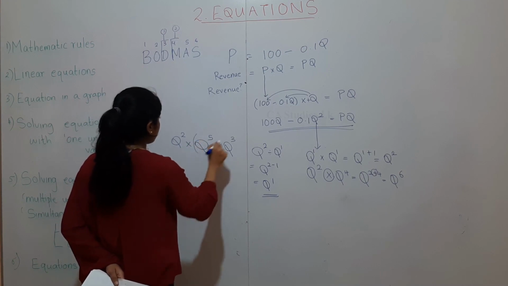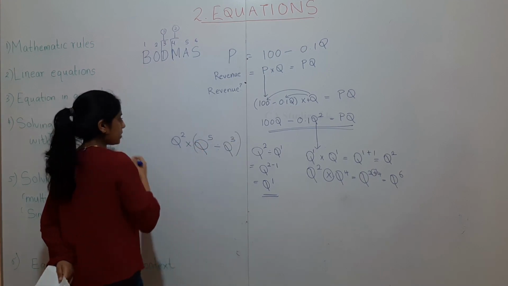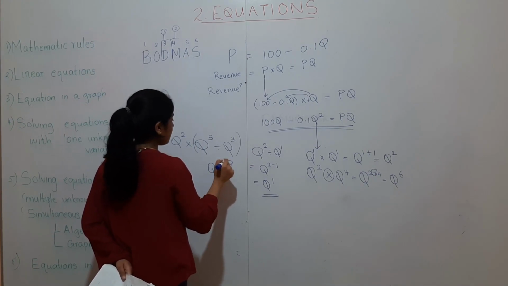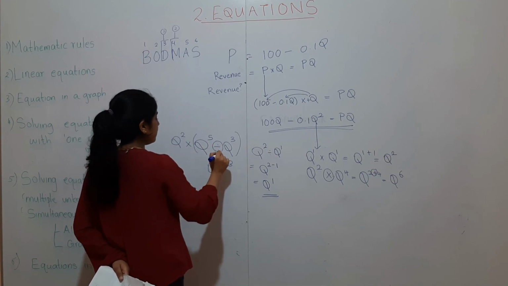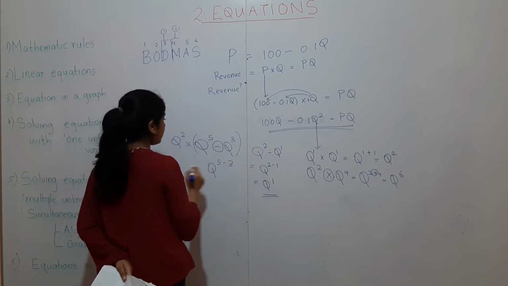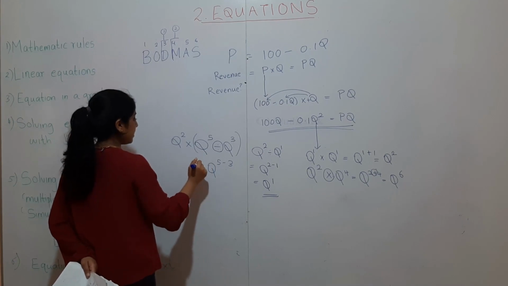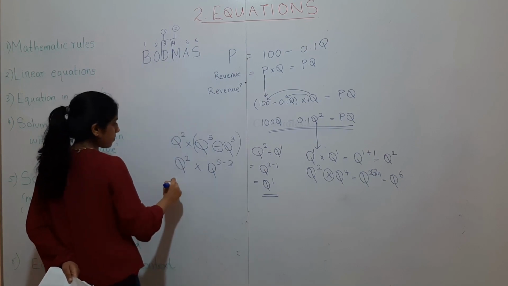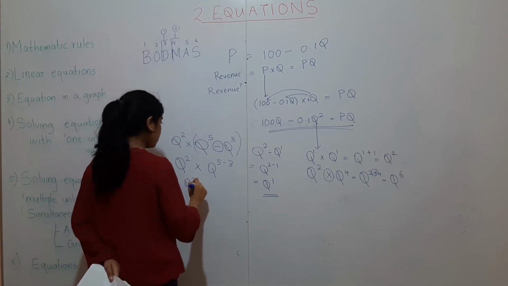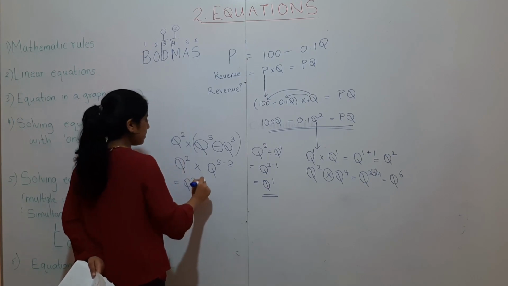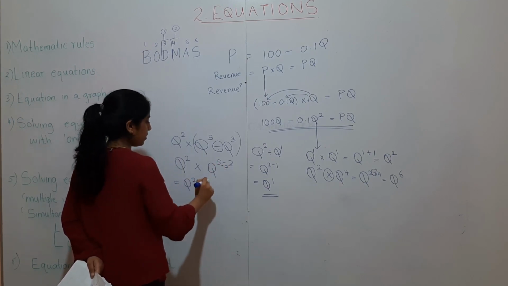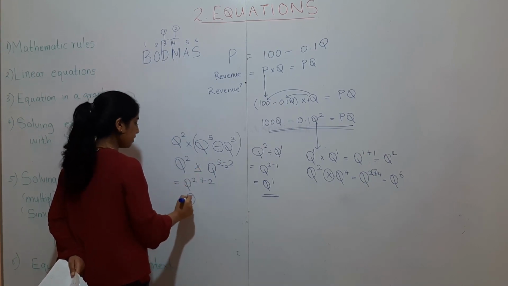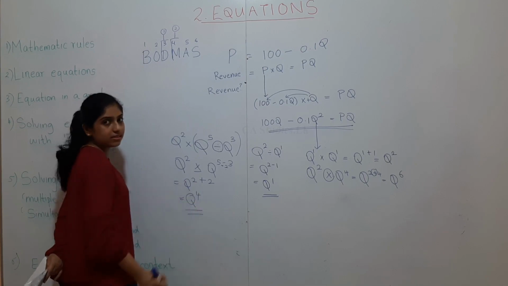So you have to put a bracket here. It will be Q to the power 5 minus 3 because this is a division. In a division, indices get subtracted and the result gets multiplied by Q to the power 2 as per the order. Therefore, Q to the power 2 plus this answer, 2. So you put 2 here because it's a multiplication. Hence, Q to the power 4 will be your final answer.